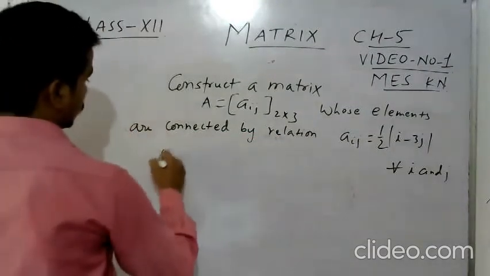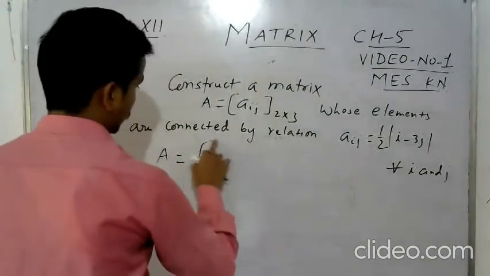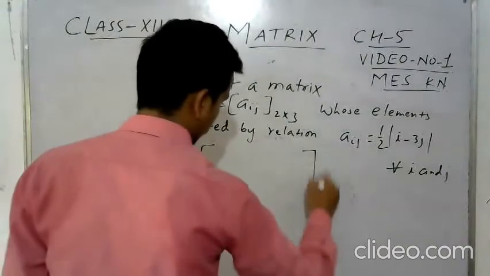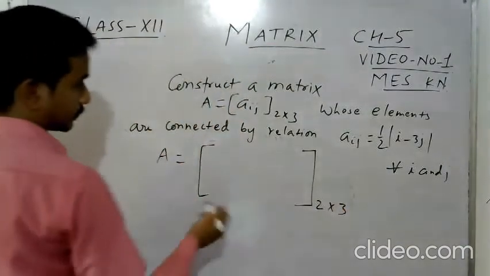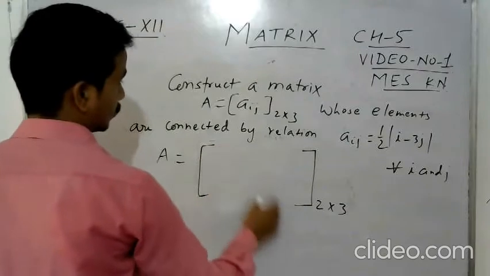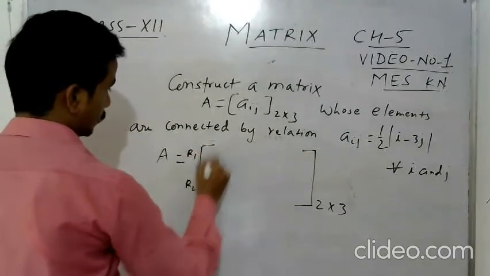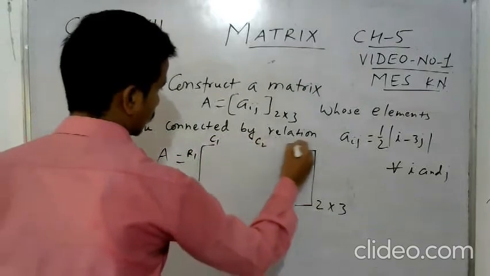First of all, this is a matrix A of order 2 by 3. So 2 by 3 means you have 2 rows and 3 columns. So you have row 1, row 2 and C1, C2 and C3.